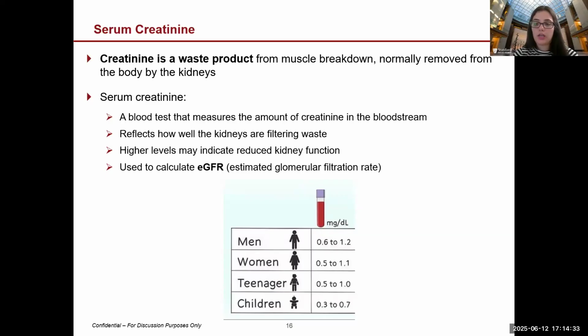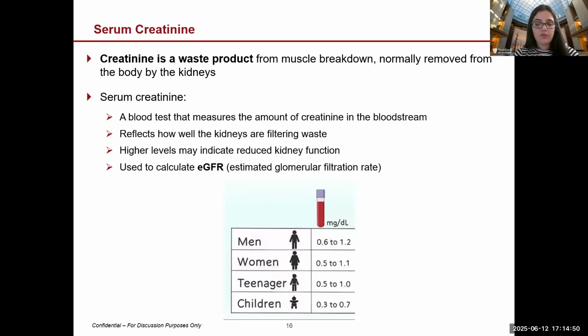We usually calculate it using this serum creatinine in addition to other factors such as age and body size. And it gives us a more accurate and standardized estimate of your kidney function across different people.